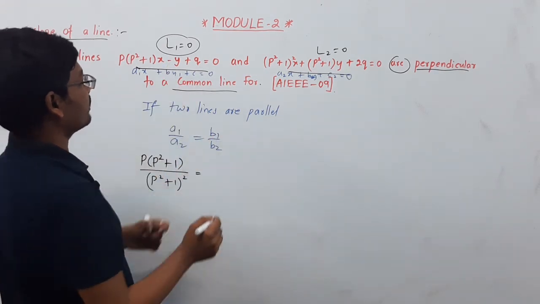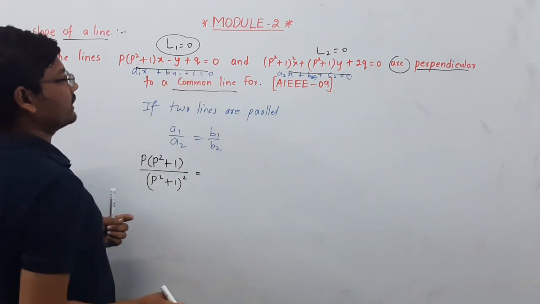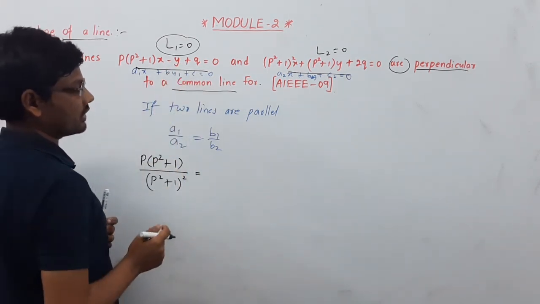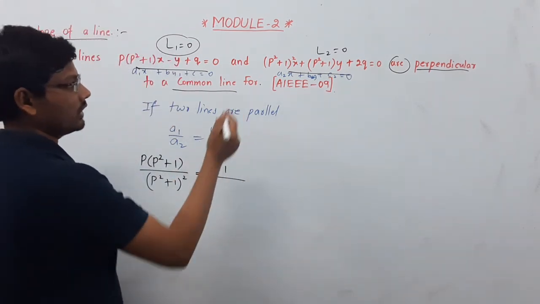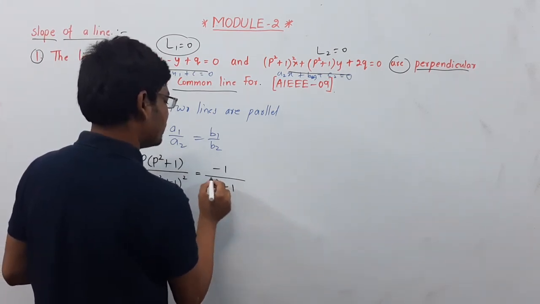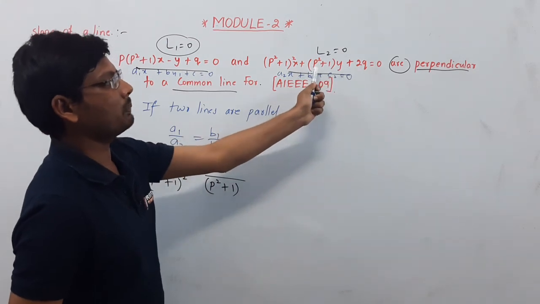B1 value is here minus y. So minus y has no coefficient, and if there is no coefficient the value of B is equal to minus 1 here. Minus 1 by B2. B2 is equal to p square plus 1, because the coefficient of y is p square plus 1.